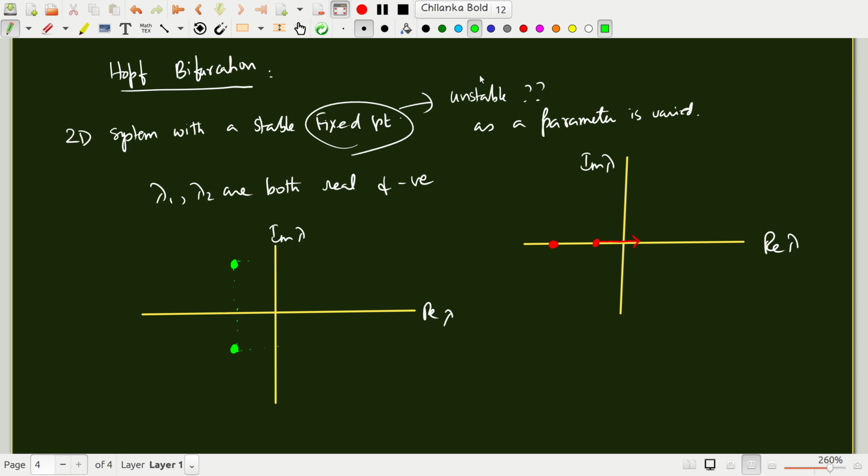So as you change a parameter, these two eigenvalues will simultaneously cross the imaginary axis and become unstable. So there are two complex conjugate eigenvalues simultaneously crossing the imaginary axis.